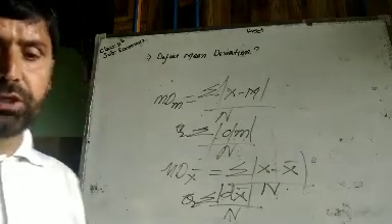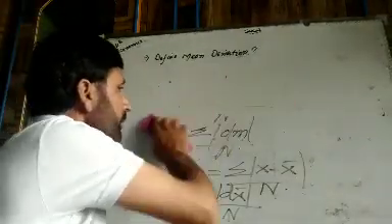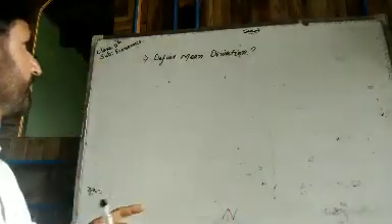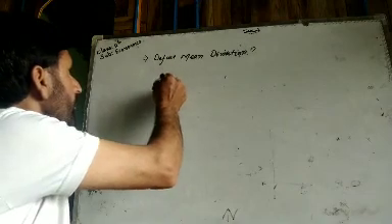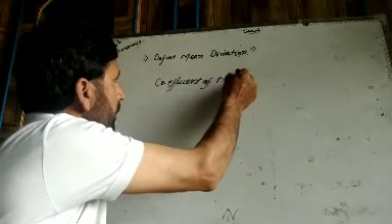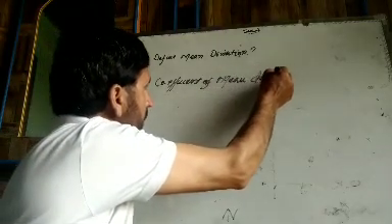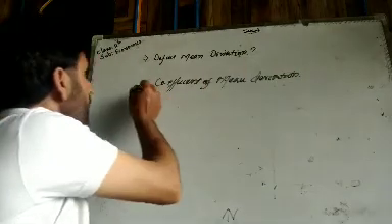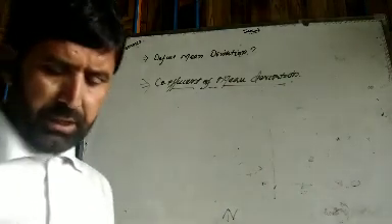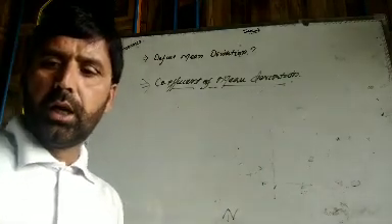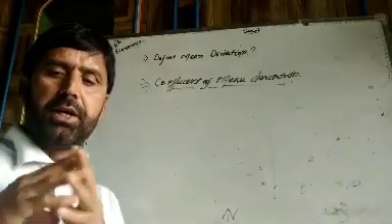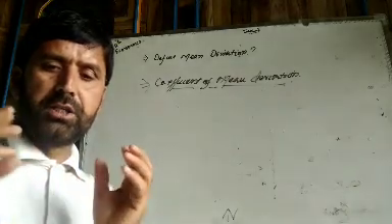In order to find the coefficient of mean deviation, the mean deviation of the series is divided by the central tendency of the series.